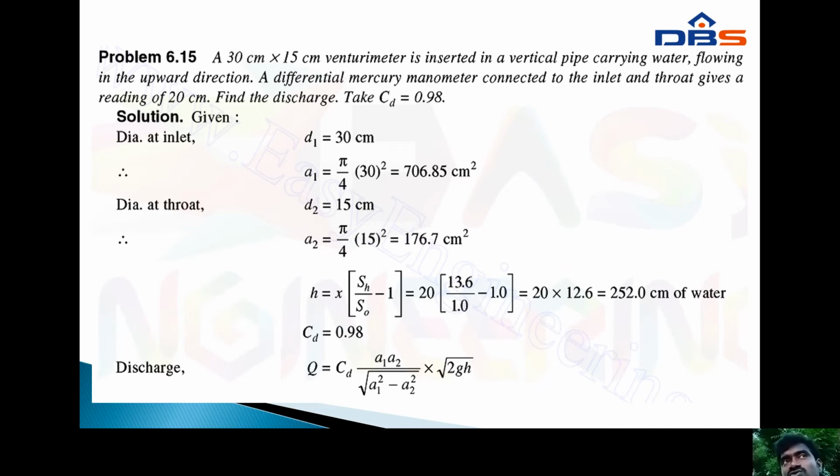Okay, next, H equal to x into Sh by S0 minus 1, that equal to 20 into 13.6 by 1 minus 1, that equal to 20 into 12.6, that equal to 252.0 centimeter of water.